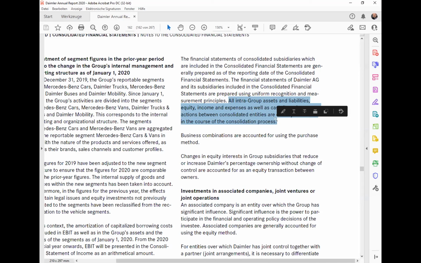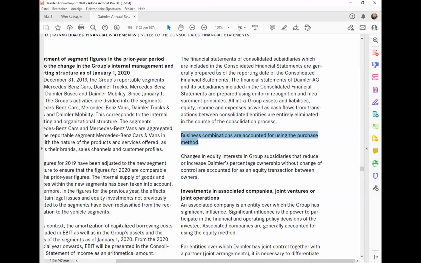So I think that is what we expect from correctly set up consolidated financial statements, and business combinations are accounted for using the purchase method. All right, I think that is clear.